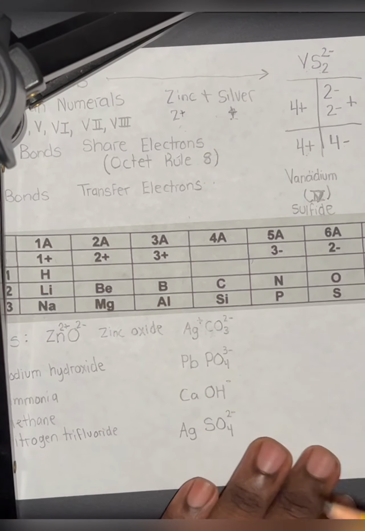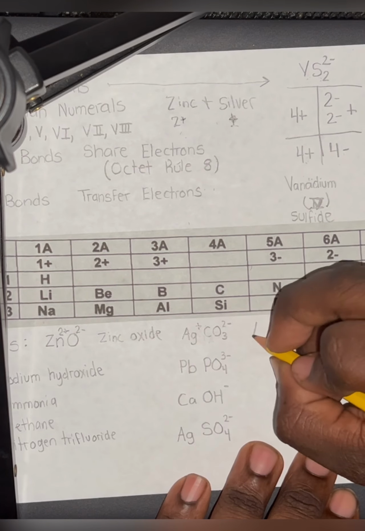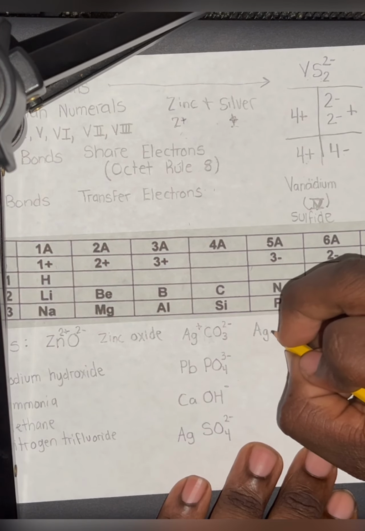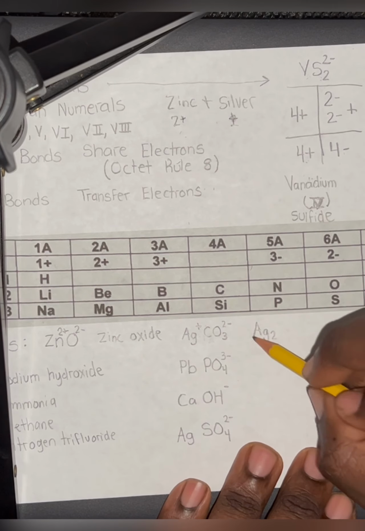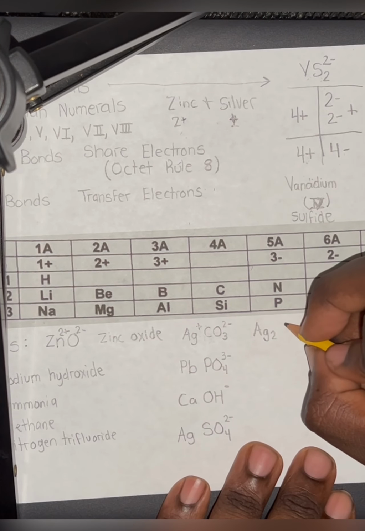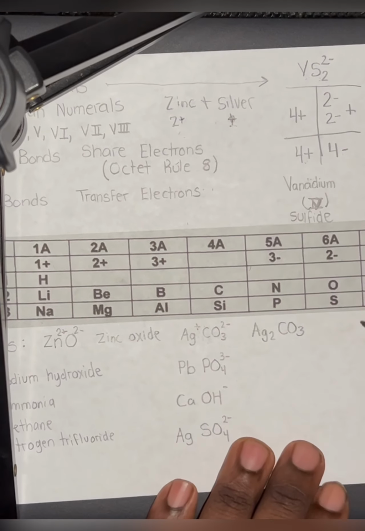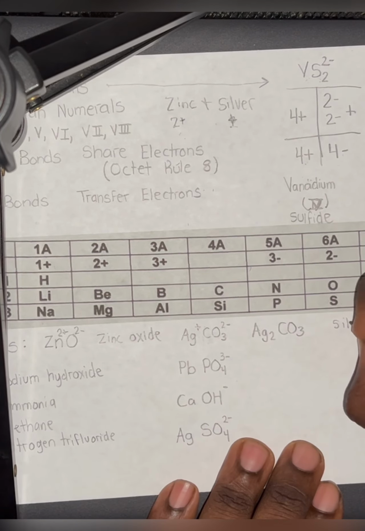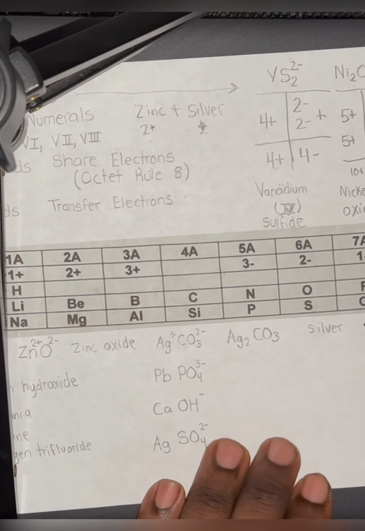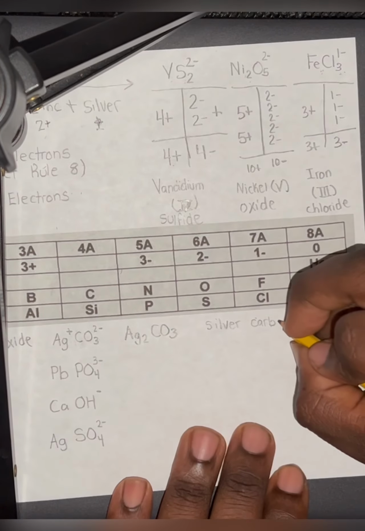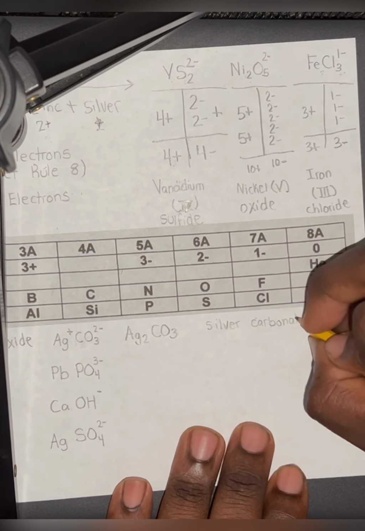So I'm gonna actually need 2 silvers to balance this out. So the chemical formula will be Ag2CO3, because the 2 is indicating that I have 2 silvers. The chemical name would be silver carbonate.